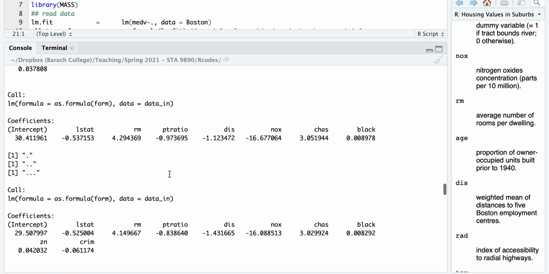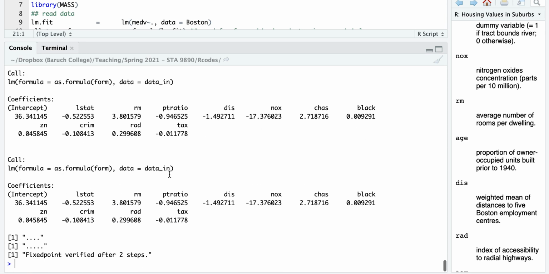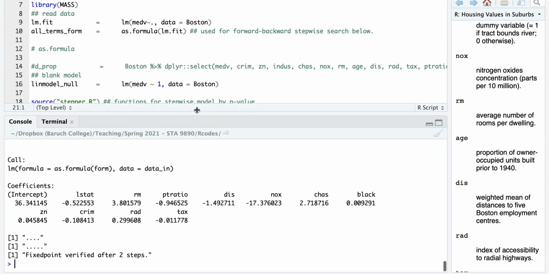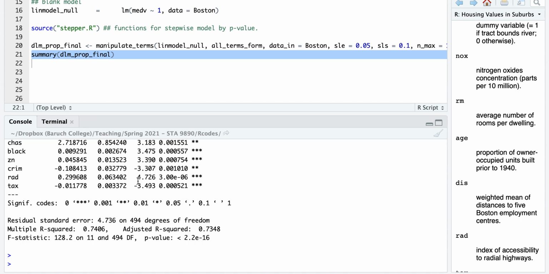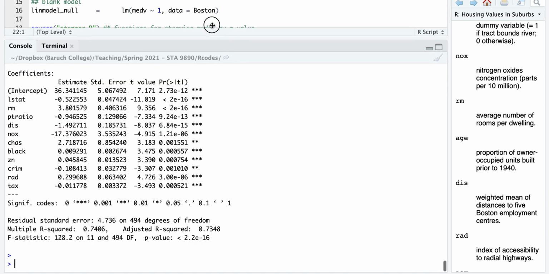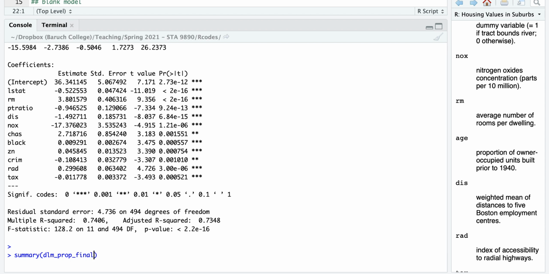So here we can see the order in which the predictors are added, but what we'd like to look at in the end is the summary. And at the end, these are the variables selected. You see all of them are significant, and you can compare it to the summary of the linear regression model.